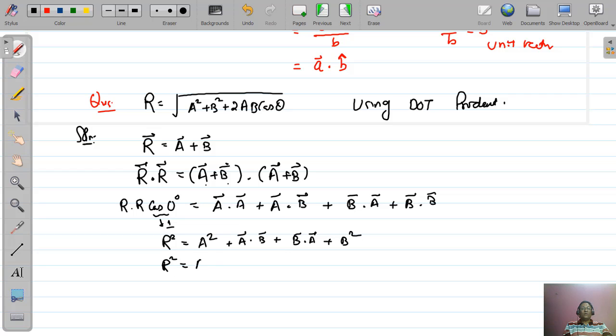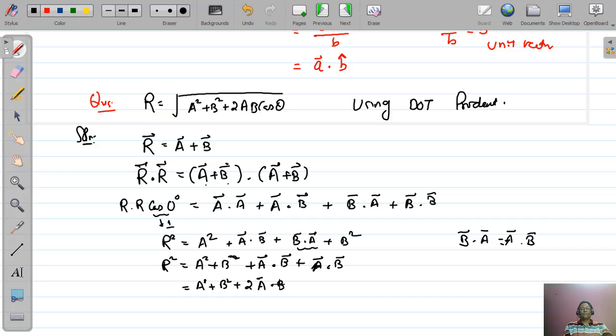So r square equals a square plus b square plus vector a dot vector b plus this b dot a, which can be written as vector a dot vector b because dot product obeys the commutative law. So we can write it as vector a dot vector b, that is equal to a square plus b square plus 2 vector a dot b.